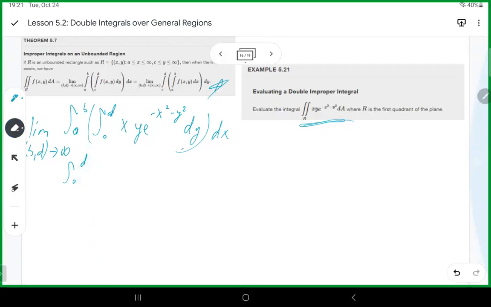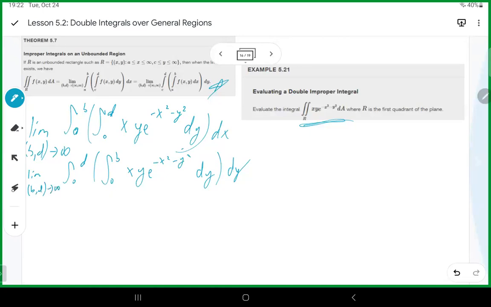Yeah, we're switching them. xy e to the negative x squared minus y squared, dy, dx, nope, dy, dy. So then, yeah, I would just bring that limit down, sorry. And then we're going to bring it down again.